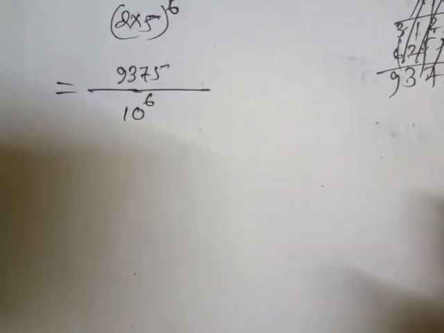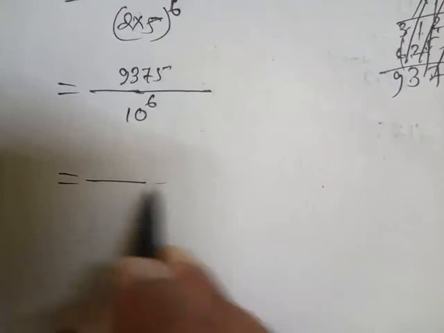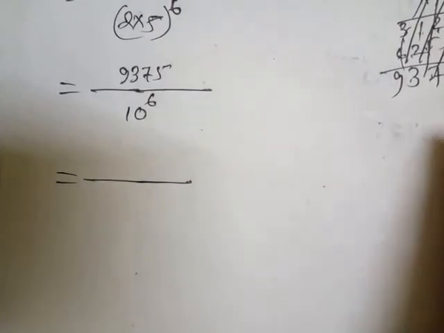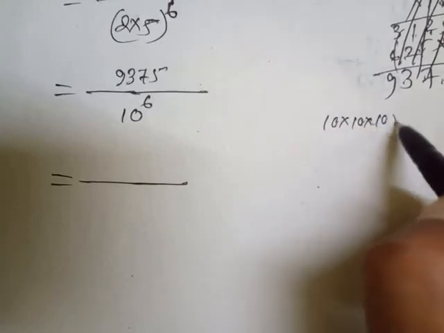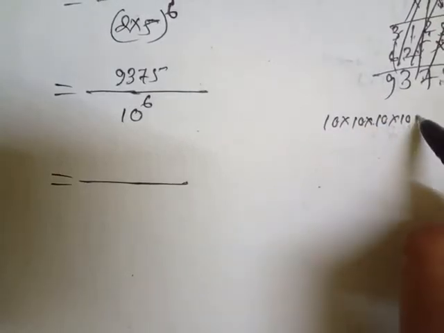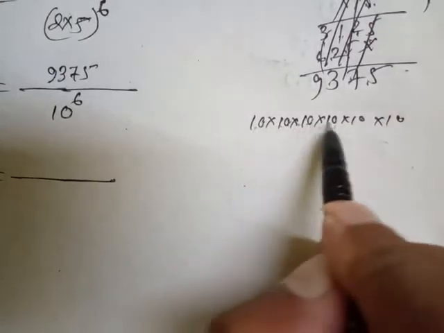Now after that 10 to the power 6 means it is not like 6 10 just 60. 10 to the power 6 means we have to multiply 10 into 6 times, like 10 into 10 into 10 into 10 into 10, then into 10. 1 2 3 4 5 6.